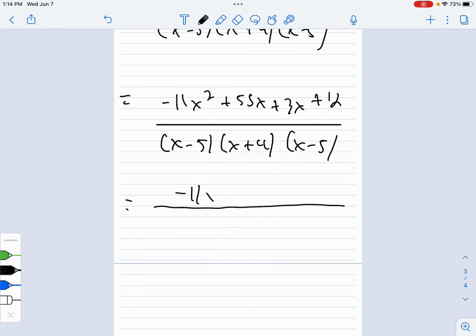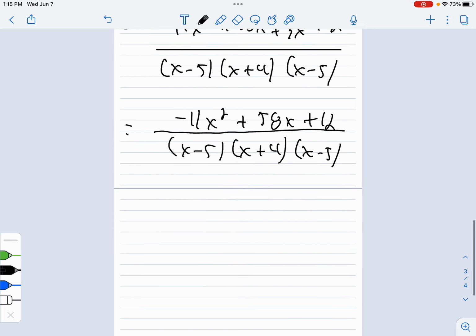Minus 11x squared plus 58x plus 12, all over x minus 5, x plus 4, x minus 5. And there you go.